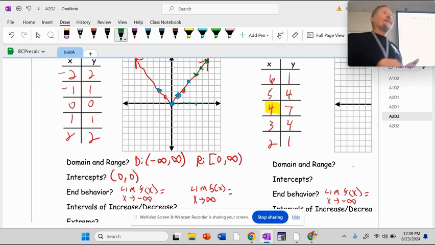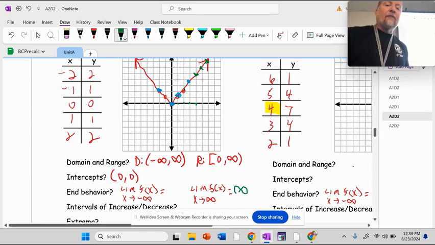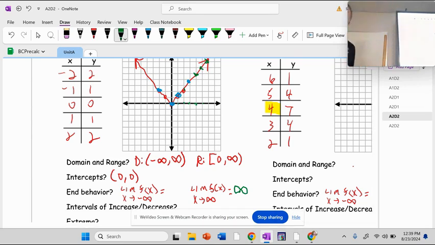They're going up. Going up for how long? Forever. So if in theory I could plug in infinity for x, I would get infinity for y. I plug in a billion for x, I get a billion for y. So that's what that idea is.